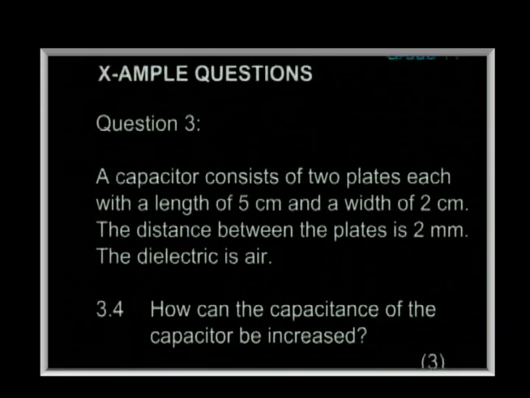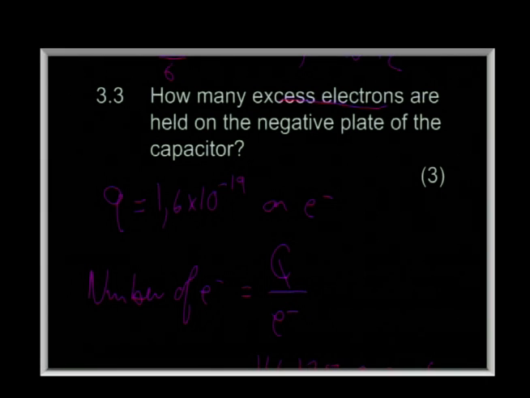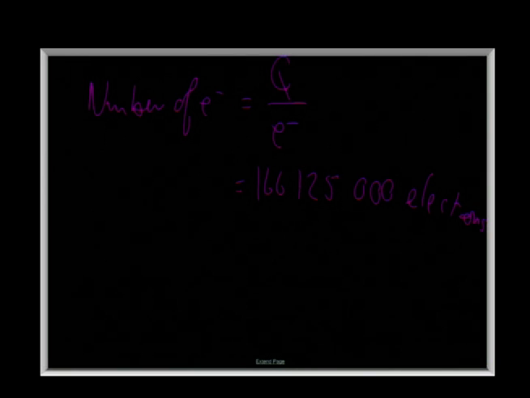Next one. Same capacitor, and it's a bit of a theory question, because we're now asking to apply some things. We've got all these electrons sitting on the negative terminal. Remember, the other thing about that question, it was how many excess electrons are on the negative plate. And we could have asked exactly the opposite question.